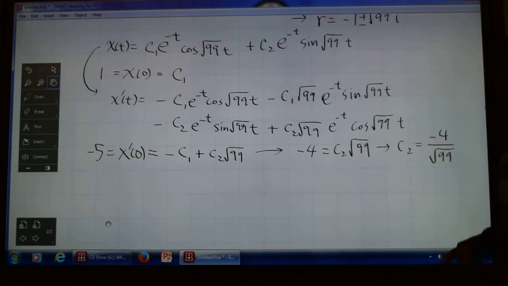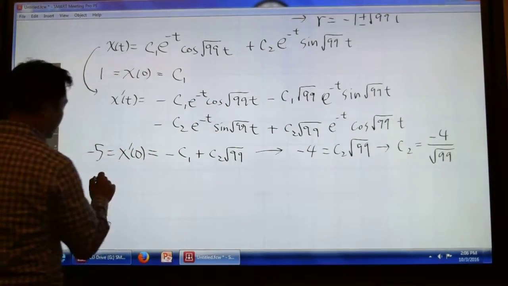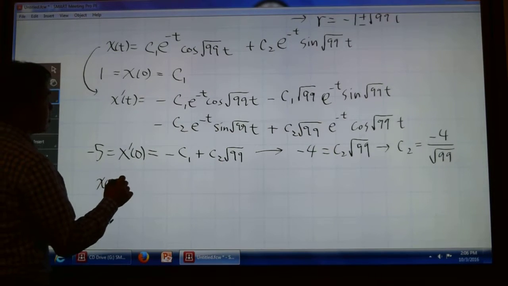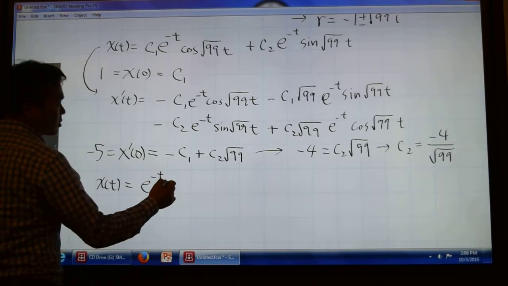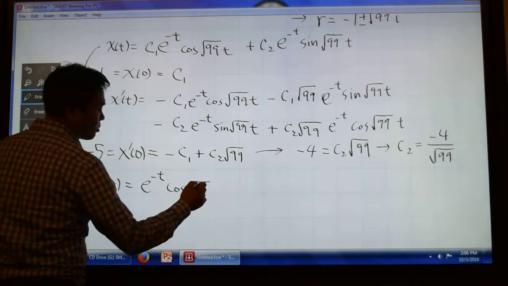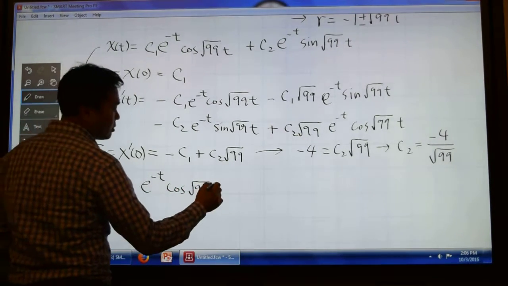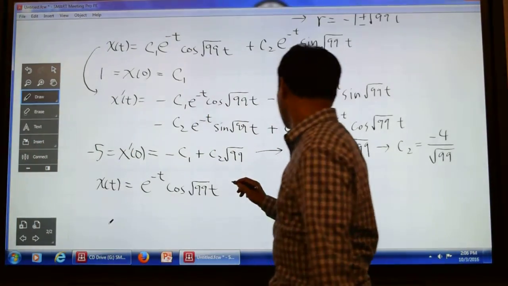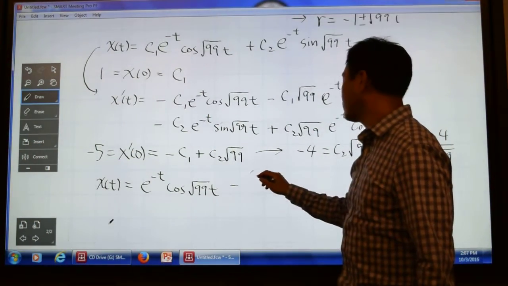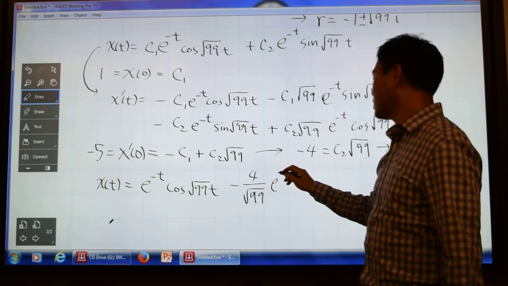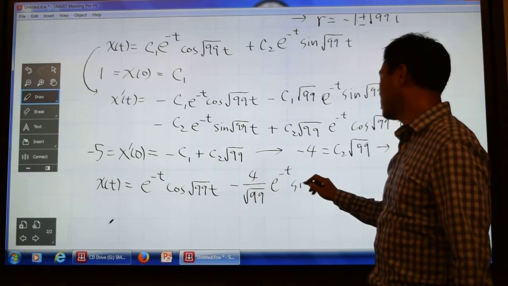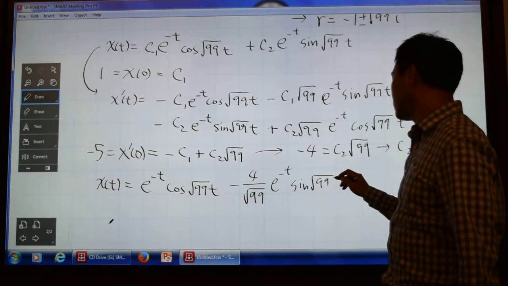So you plug these numbers back in, and we get x of t equals e to the negative t cosine square root of 99 t, and then minus 4 over square root of 99 e to the negative t sine square root of 99 t.